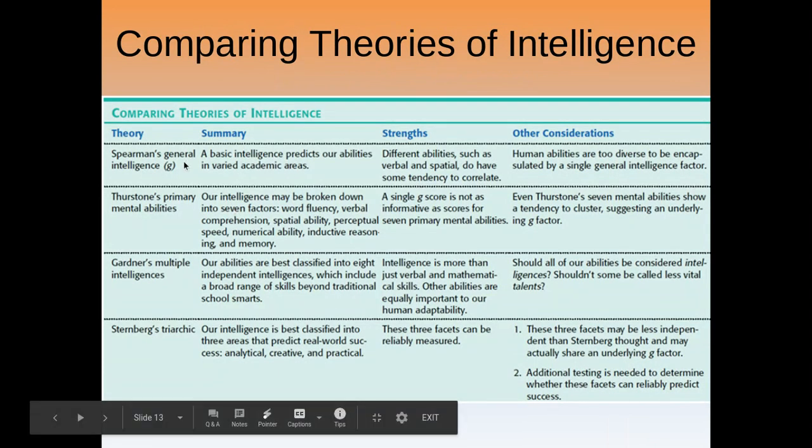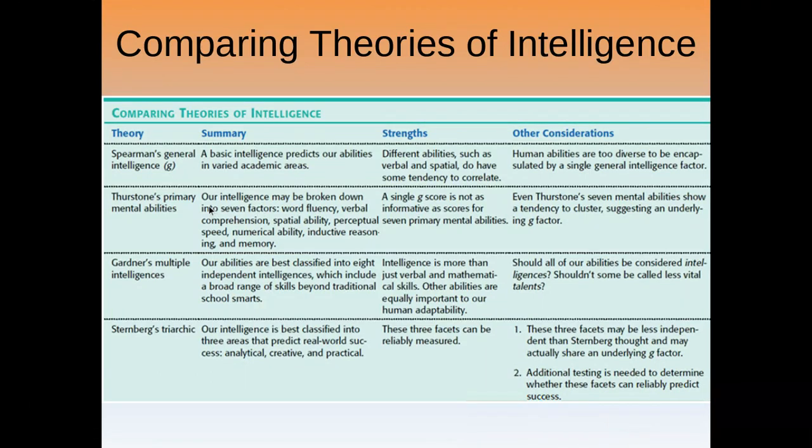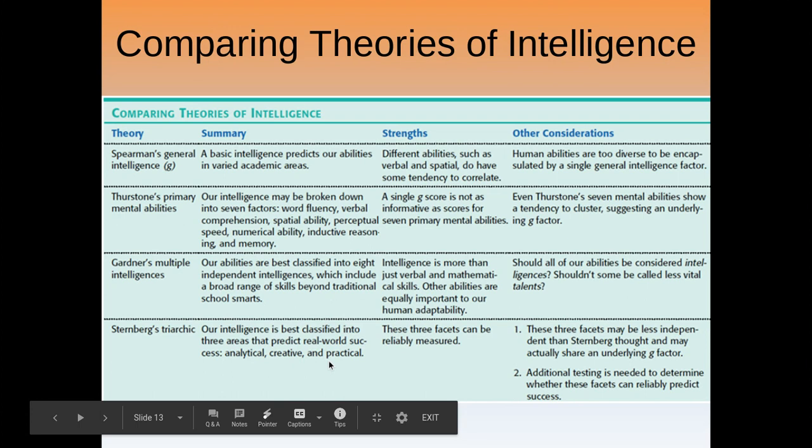Okay, so you have Spearman's, the idea of the G factor, general intelligence, Thurstone's 7 factors, and again, they're coming up with a single G score that represents these 7 factors. Gardner's multiple intelligences, he's concentrating on these 8 independent types of intelligences. And Sternberg's triarchic theory is where he's looking at analytical, creative, and practical intelligence.